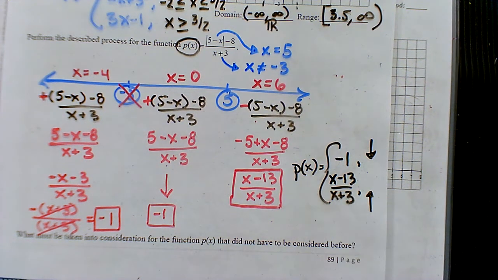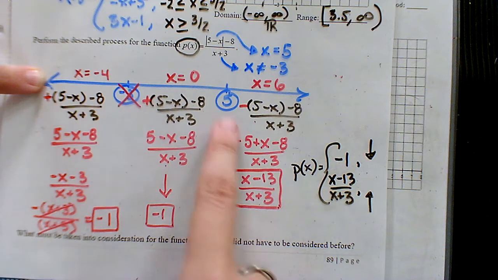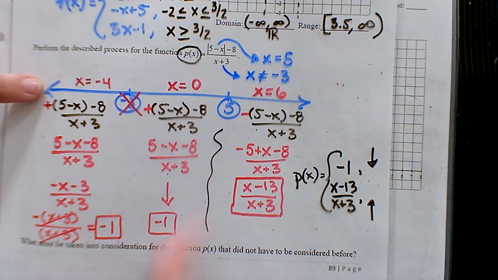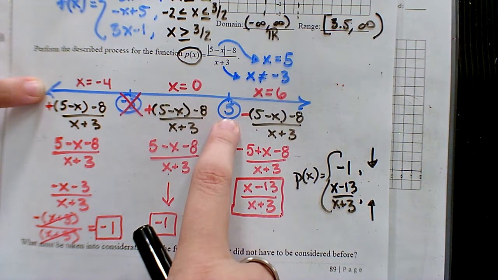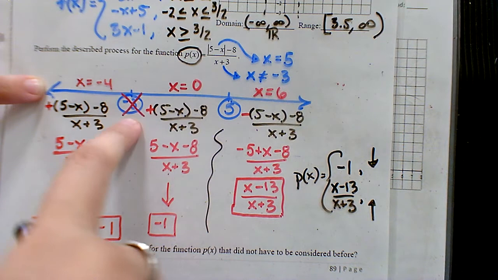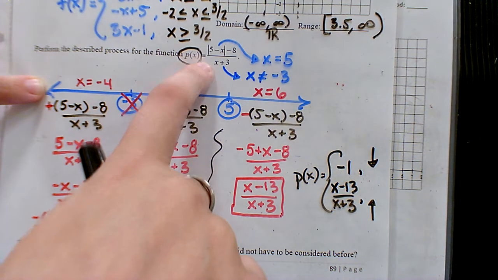This -1 equation showed up from -infinity all the way to 5, right? That's where it stopped. Okay, so you can choose any x value you want to plug in that's less than 5, but you can't plug in -3, because wouldn't that make our denominator 0?